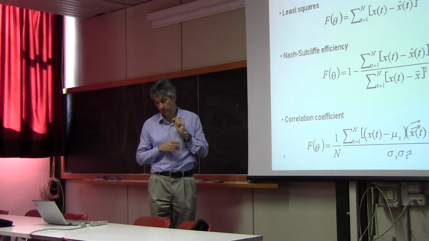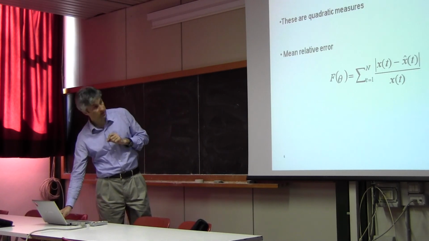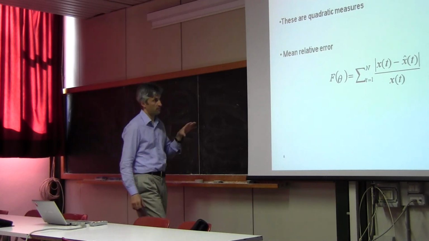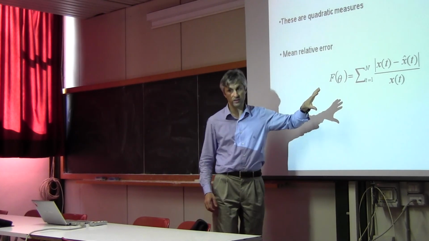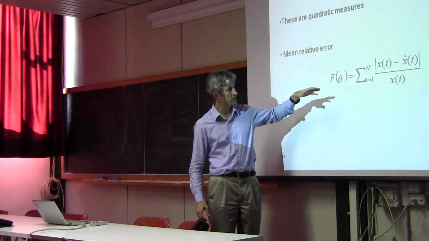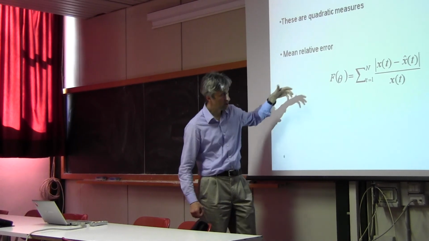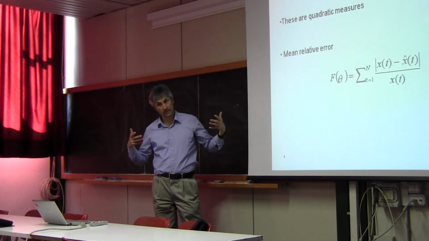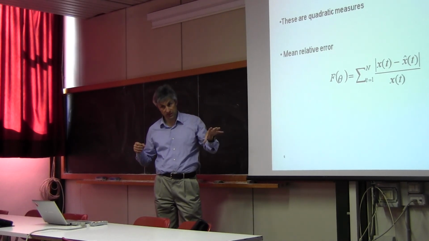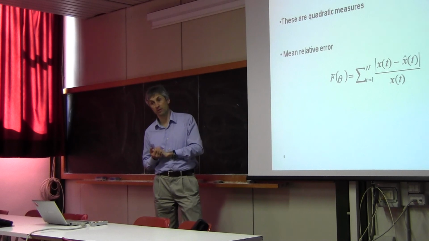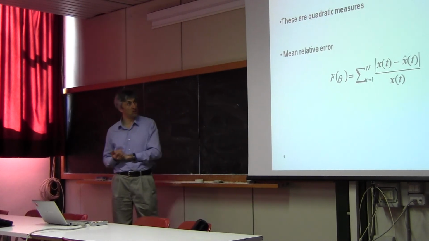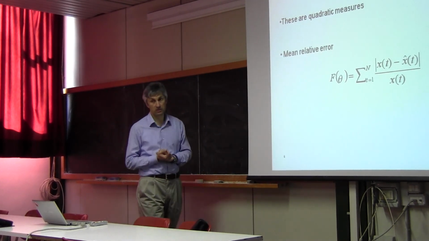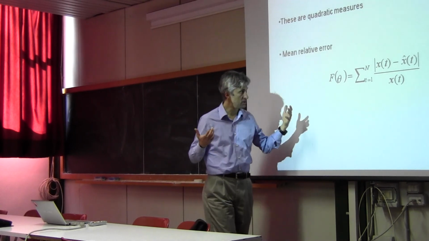Okay. Now I would like to introduce one more objective function, the last one that I'm mentioning, because it's not quadratic, and therefore doesn't put particular emphasis on the higher flows. This gives more weight, more emphasis on the simulation of the low flows. And this is usually called mean relative error. It's computed in a very simple way.